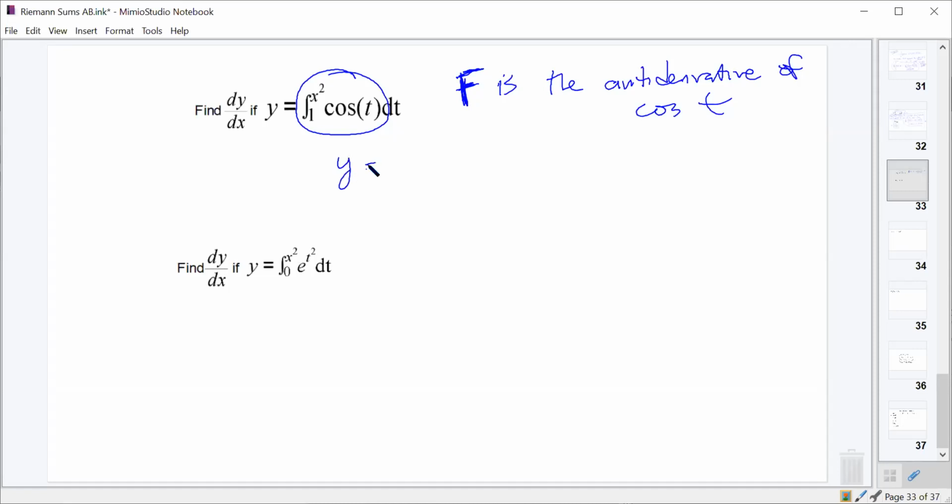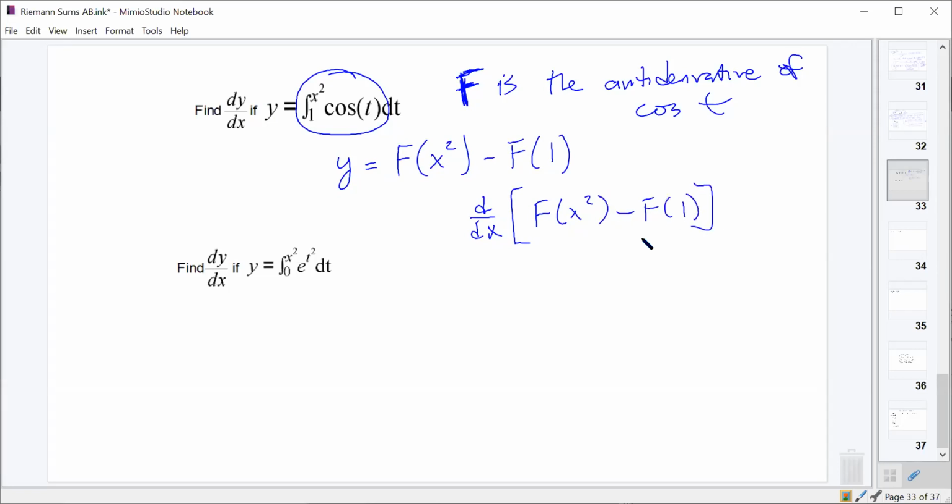F of x squared minus F of 1. And we want to find the derivative of y with respect to x, so the derivative with respect to x of capital F of x squared minus capital F of 1. How do we find the derivative of capital F of x squared?